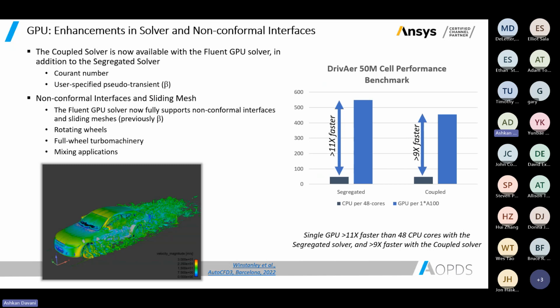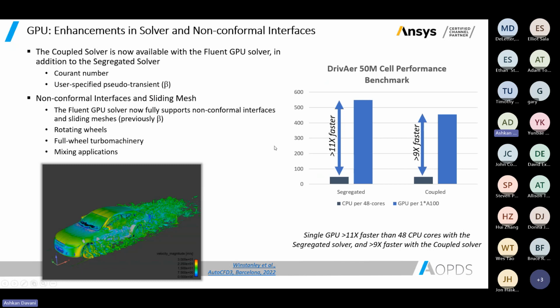There have been a lot of different benchmark tests on the Ansys side, and they show that for large cases of 50 million cells, a single GPU is about 11 times faster than 48 CPU cores with the segregated solver, and around 9 times faster with the coupled solver. So you can see that even one GPU is much better than really high-end CPUs currently on the market.